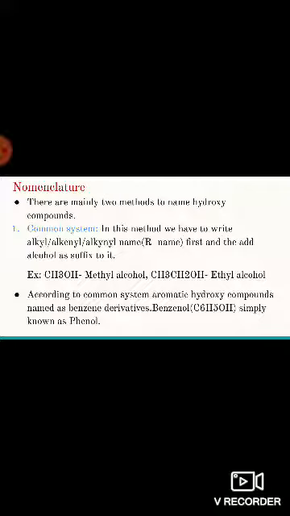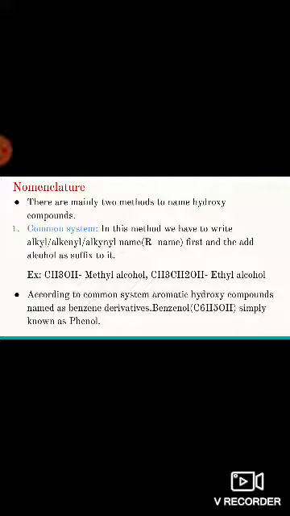To name all the hydrocarbons as well as hydrocarbon derivatives, there are two methods. One is the general system or common system. The second one is the IUPAC system. So here also, to name the hydroxy compounds, the two main systems used are the common system and the IUPAC system.